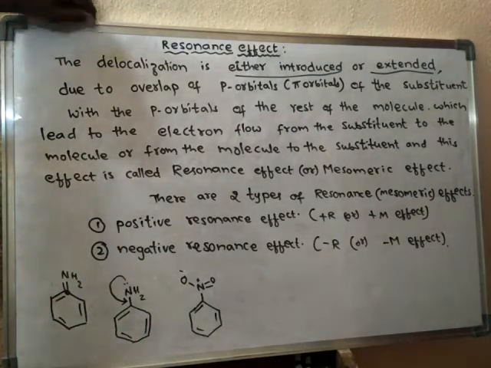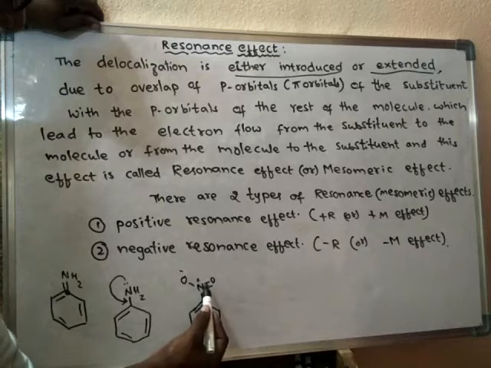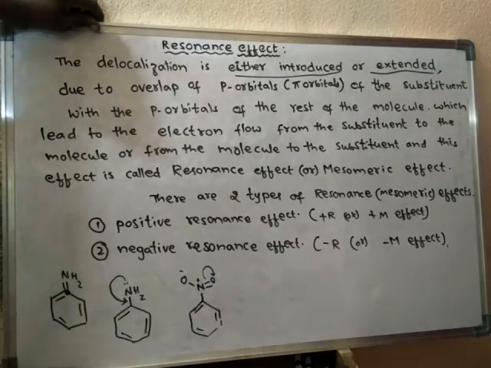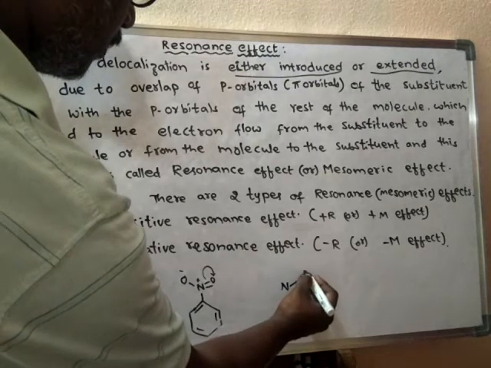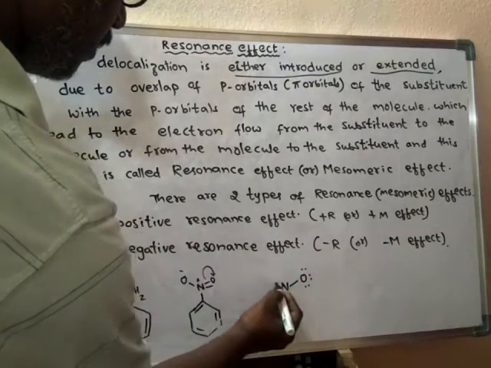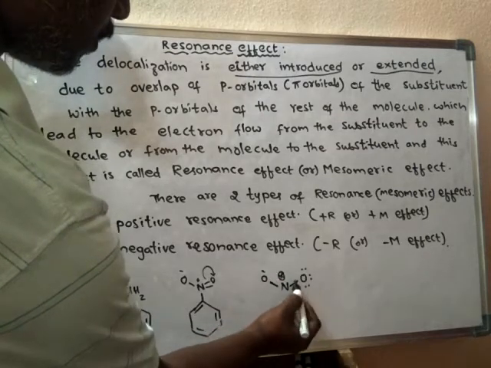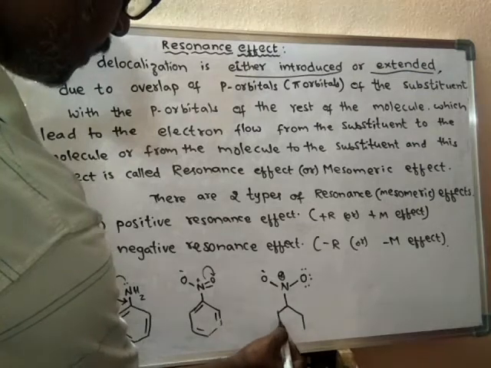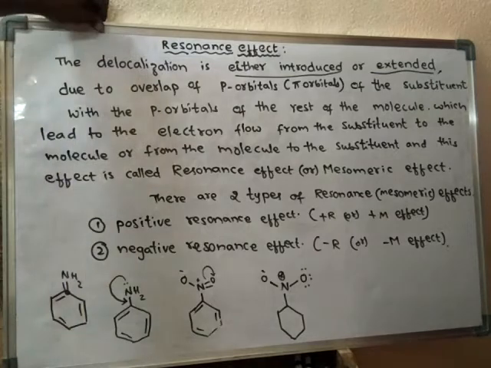Sometimes, in this case, there is a double bond. The double bond will shift onto this oxygen, so that it forms a single bond and electrons will flow into this. As a result, the electron density on nitrogen is decreased.